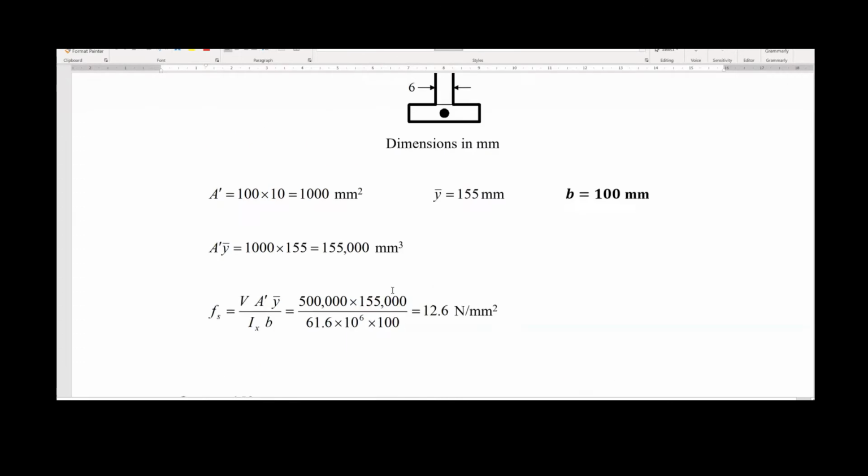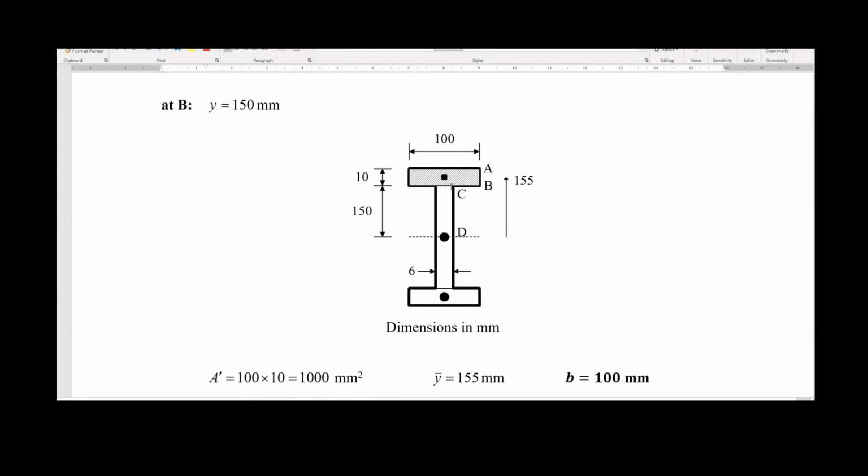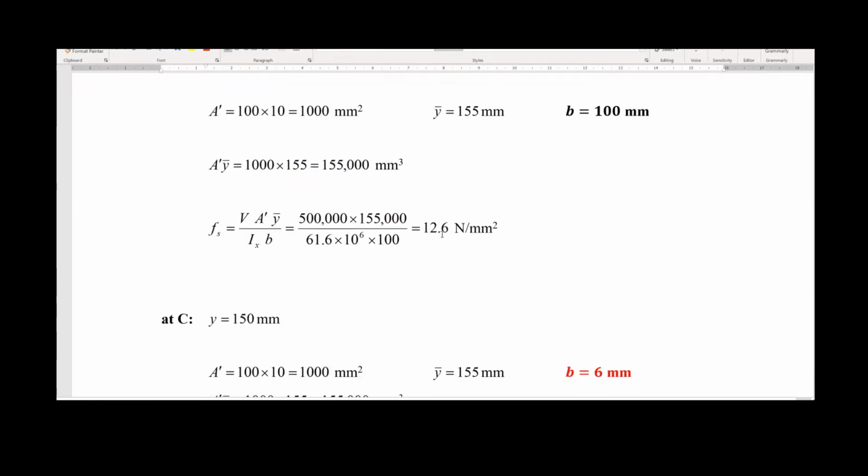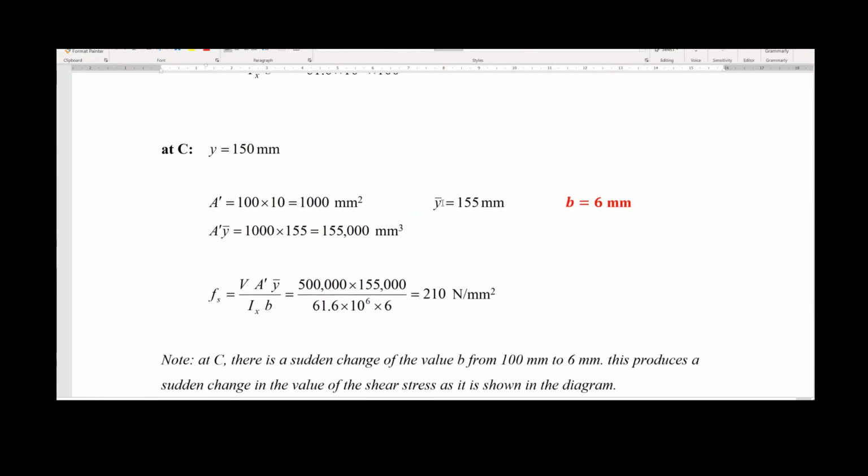So the area is exactly the same because C and B are practically at the same position, but C is a little bit under, but the area is not going to change because C is very, very close to B. So the area is exactly the same. The distance from barycenter to barycenter is exactly the same. What changed is the value of B from 100 to 6 millimeters suddenly.